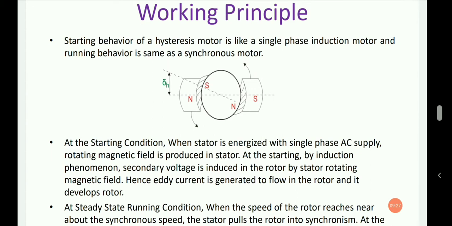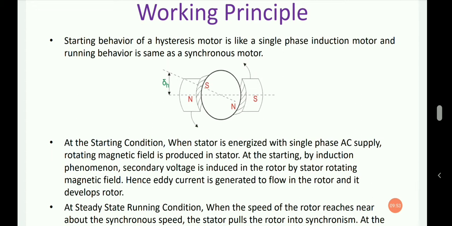Hysteresis torque in the rotor develops as the rotor magnetic material has high hysteresis loss property and high retentivity. The rotor goes through slip frequency before going to the steady state running condition.